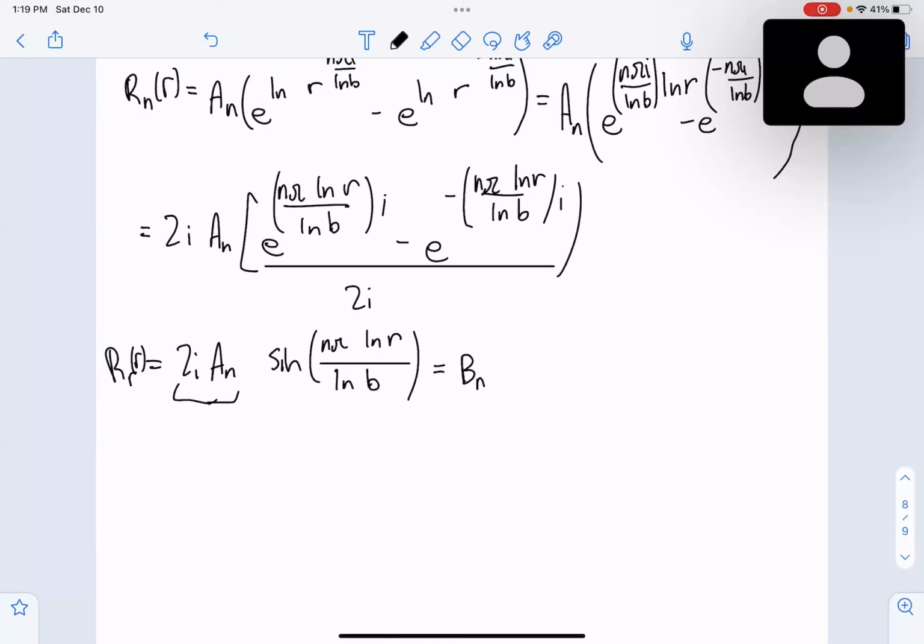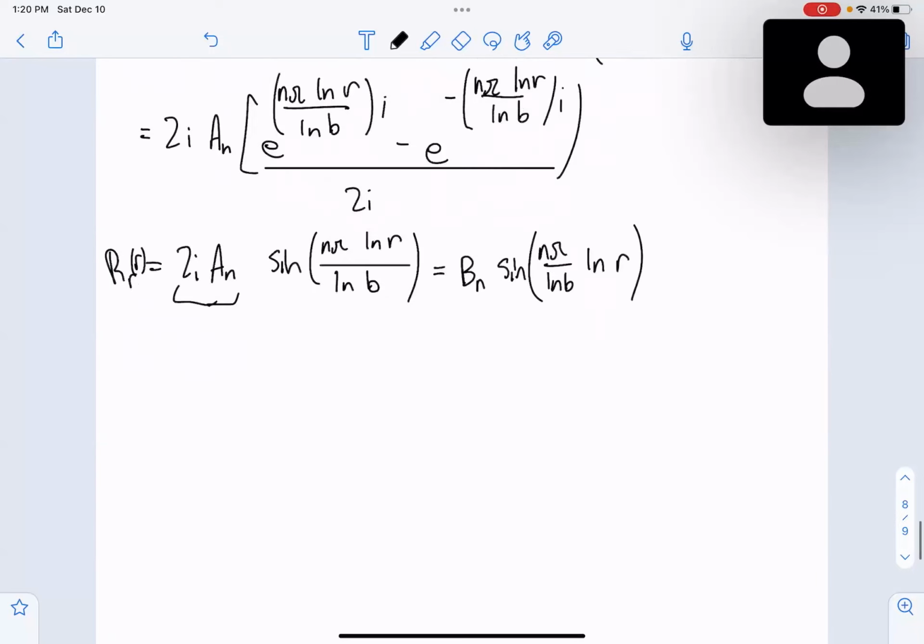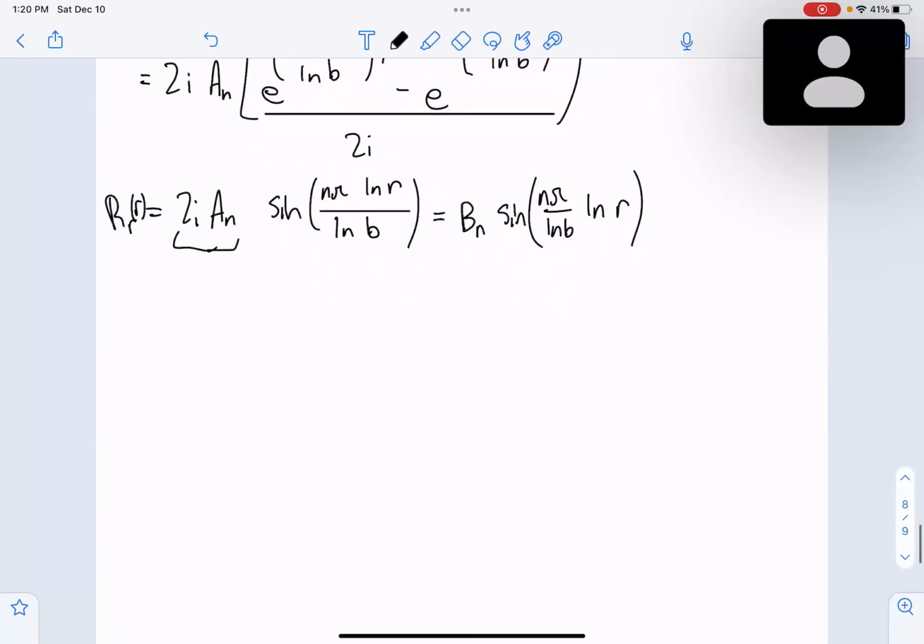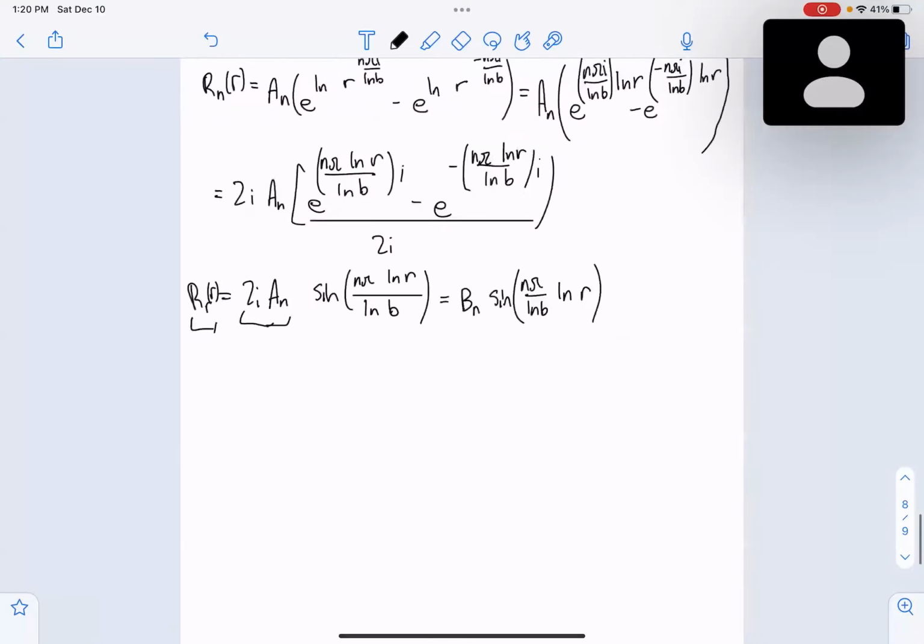It's just another coefficient that contains the 2i, so it's really just equivalent. We have sine of n pi over ln b ln r. So that's for the r here, and we're finally done with that.